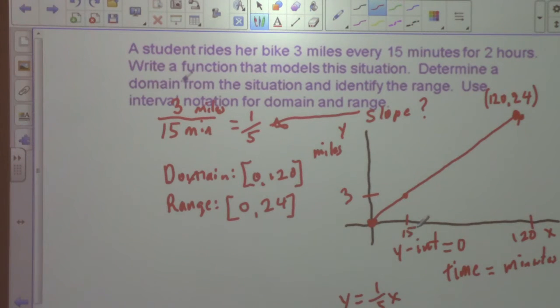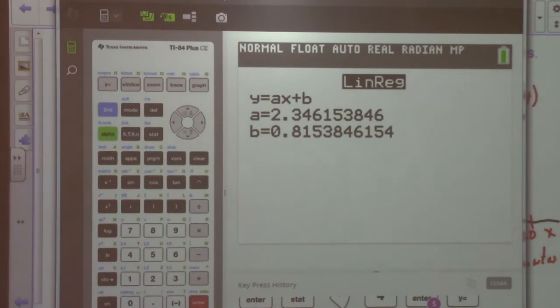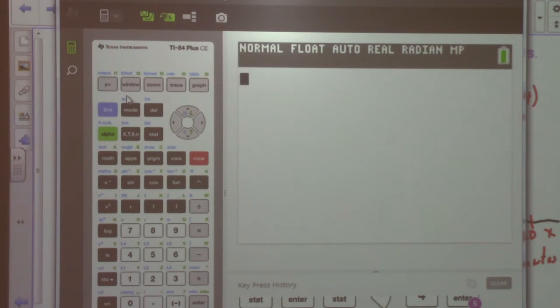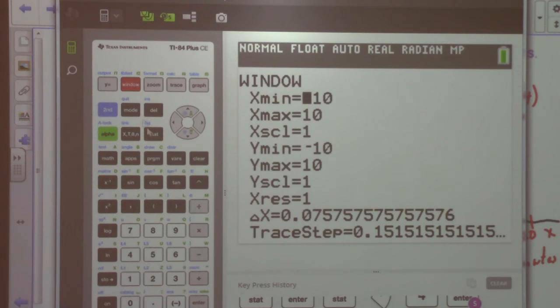What I want you to do is go to Window, and our domain, I want you to put right in here. Our domain is going to be 0 to 120, is that right?